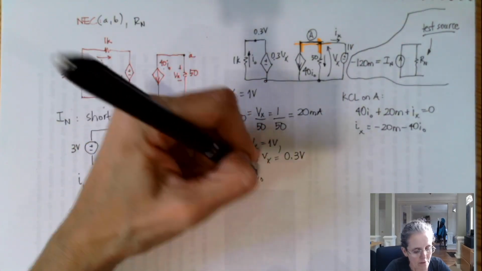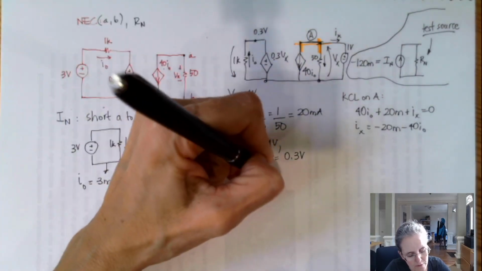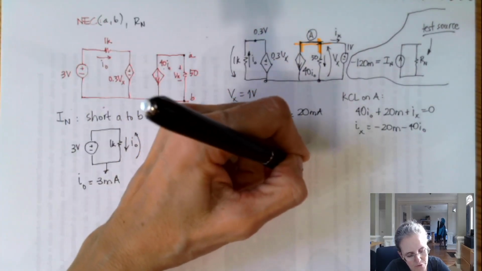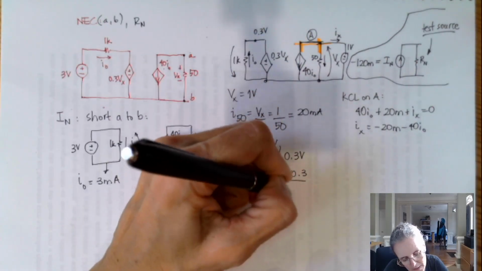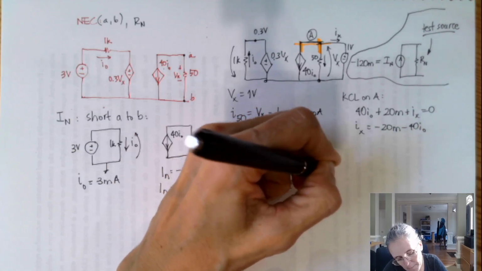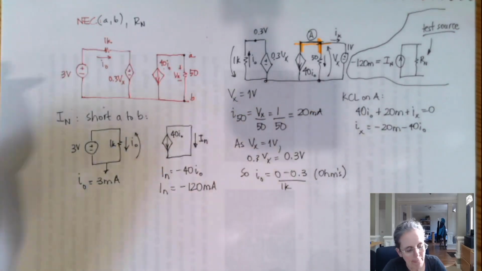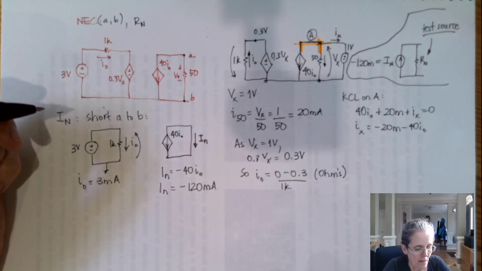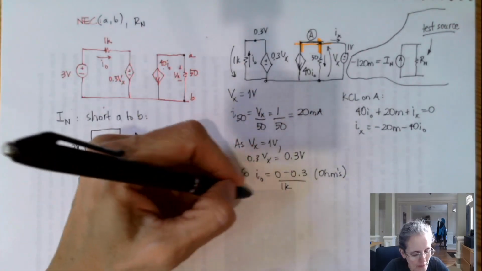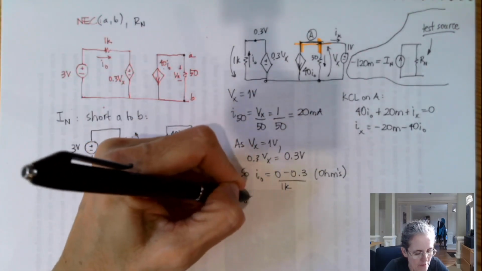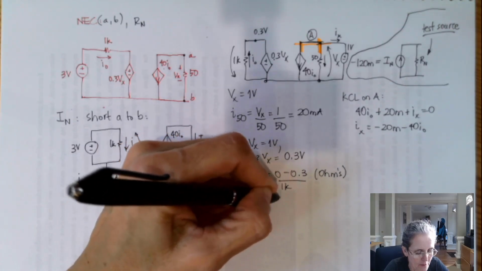So I naught will be 0 minus 0.3 divided by 1K. This is Ohm's law. Actually, everything here is Ohm's law, I think. So I naught is minus 0.3 milliamps.